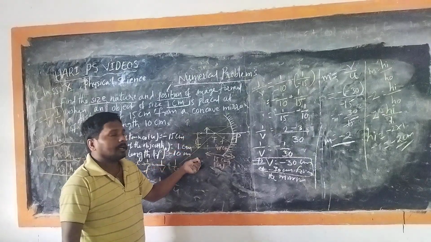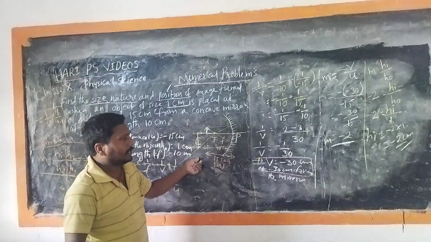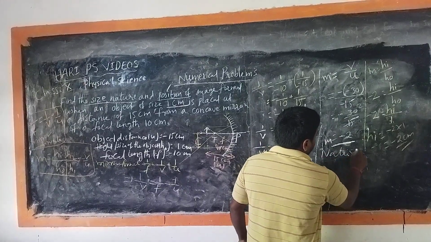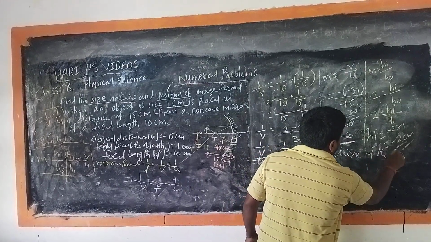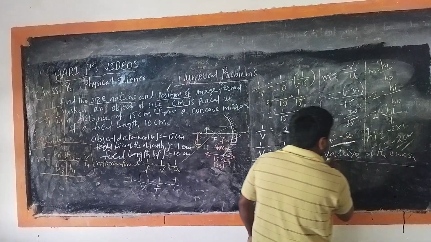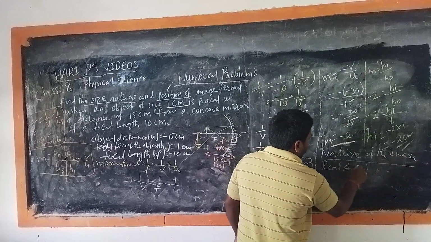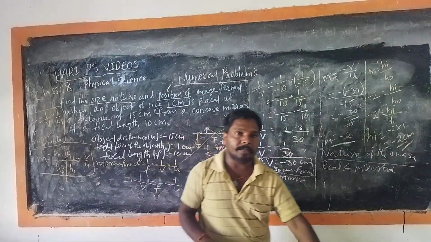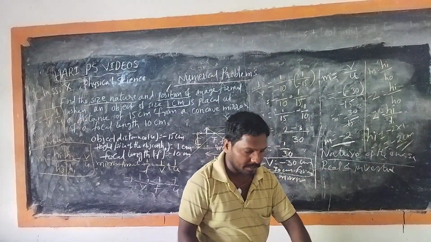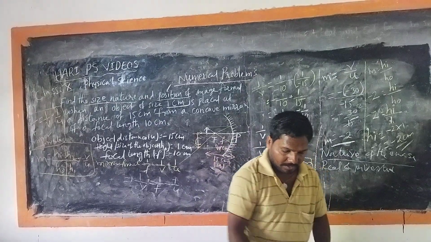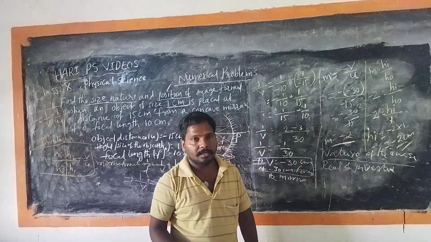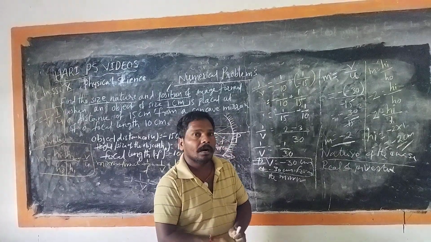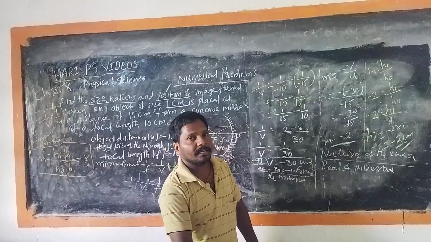It forms a real and inverted image. What is the nature of the image? Real and inverted. And what else? Enlarged image, meaning the size of the image is more than the size of the object.